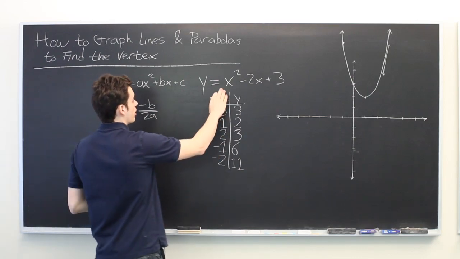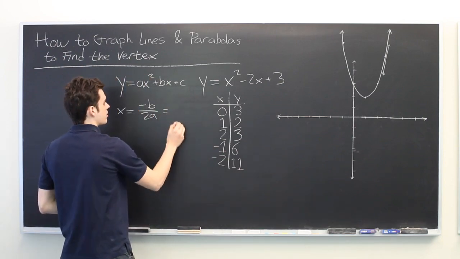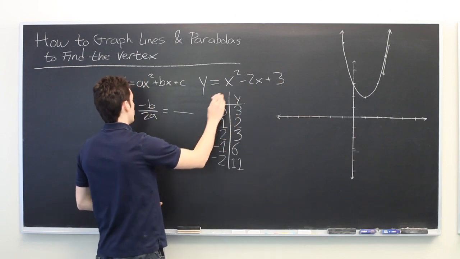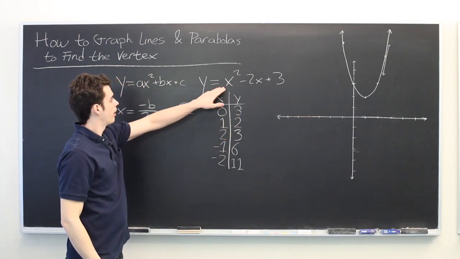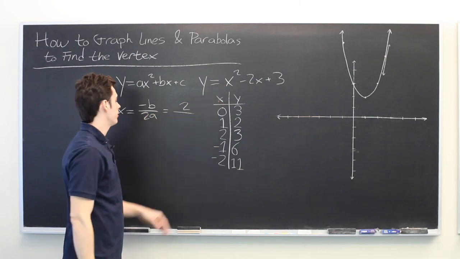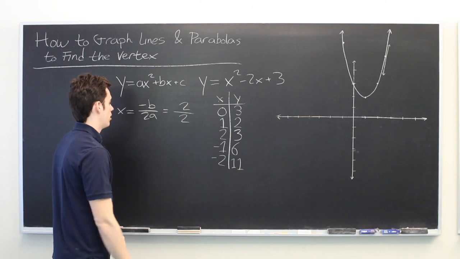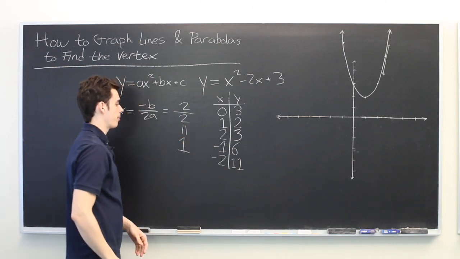So let's go ahead and plug in the coefficients that we have here. In this case, minus 2 is b, so minus minus 2 is 2. Our a is just 1, so 2 times 1 is 2. So we get 2 over 2, which simplifies to 1.